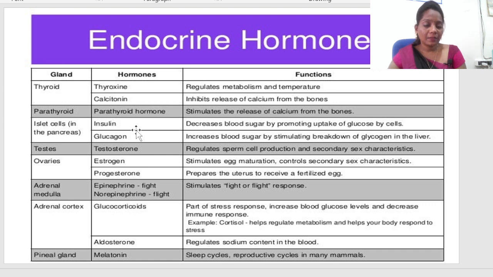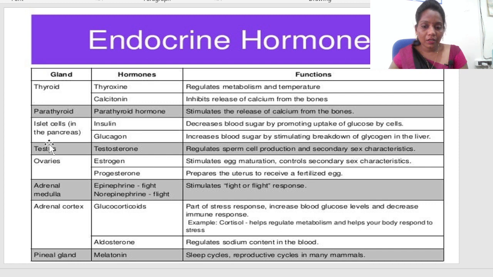Insulin helps decrease blood glucose levels by promoting the uptake of glucose by cells. That means insulin controls the glucose levels, whereas glucagon increases the sugar levels when you are in hypoglycemia, starvation, or fasting. Glucagon automatically helps increase your sugar levels in the blood.